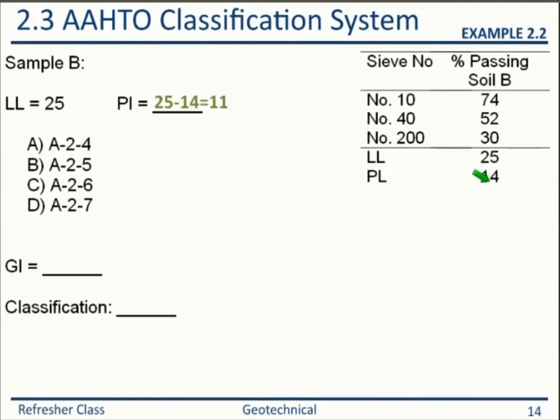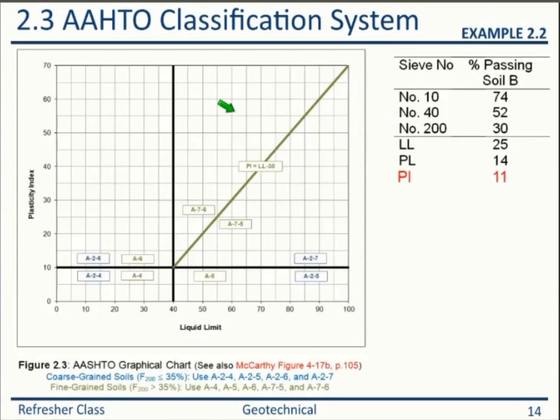So since you have got liquid limit and you have got PI, why don't we use that graph, the graph given by AASHTO, figure 2.3. That is this, right? In this case, this is your liquid limit. Start at 0, goes up to 100, and this is your PI, 0, goes up to 70. For soil sample B, the liquid limit is 25.